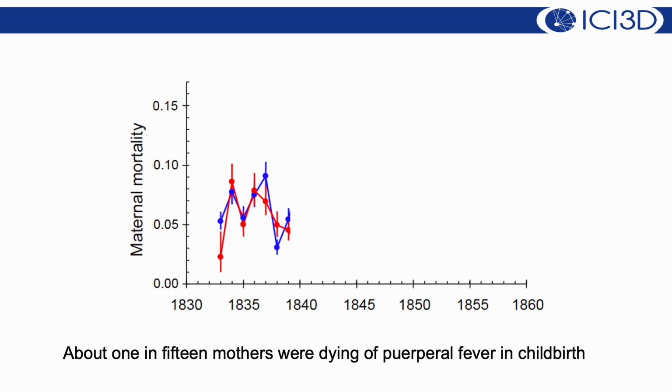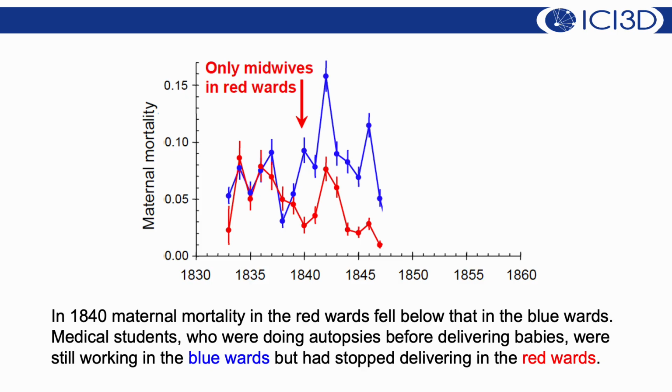So, Semmelweis actually looked at these data, and he discovered that there's something strange. Now, again, this is not involving any mathematics. He just looked at the proportion of mothers who are dying amongst two groups of women.